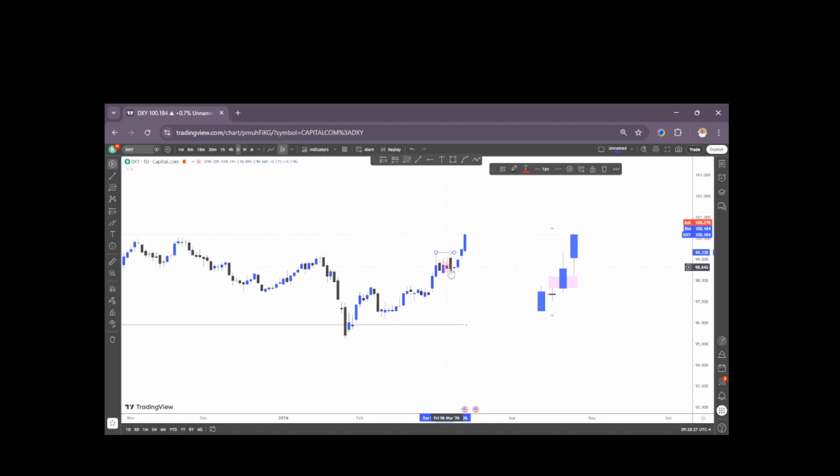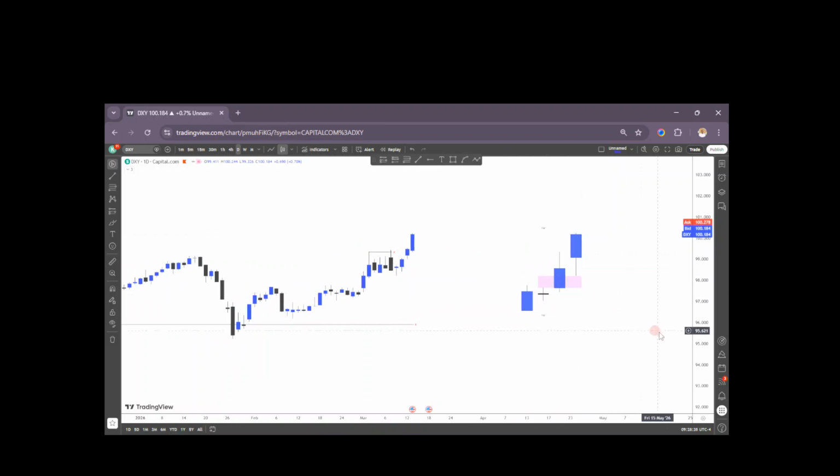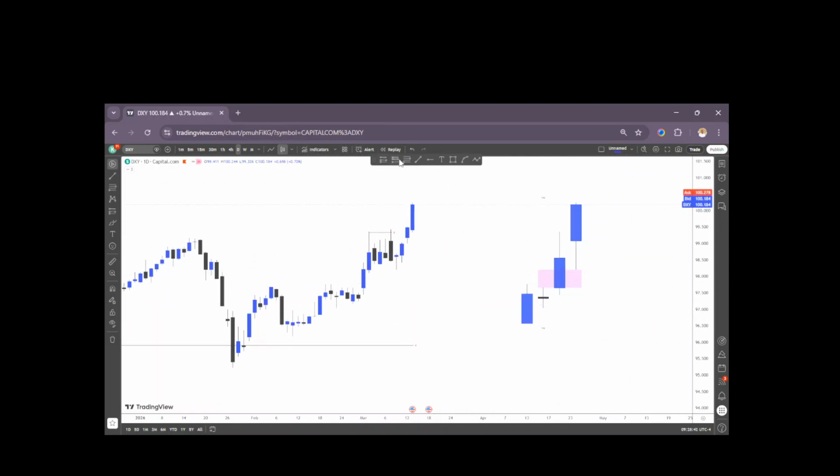We also swept Friday's high on Monday. So on Monday my bias was that the market would be bearish, because after taking out the external range liquidity from a daily perspective, I was expecting to see the market come back to this fair value gap here.